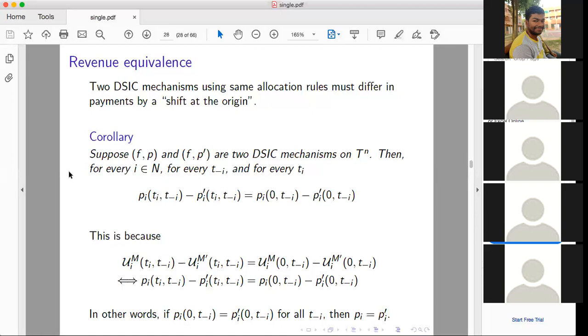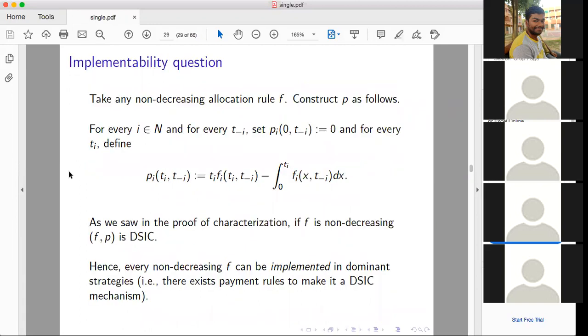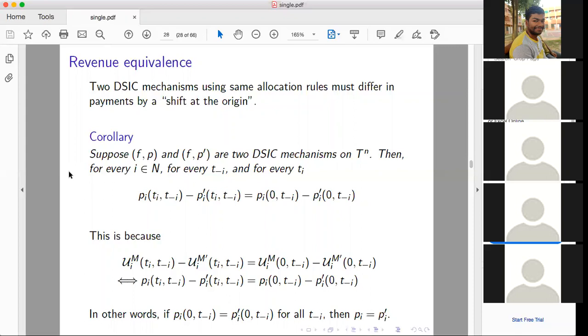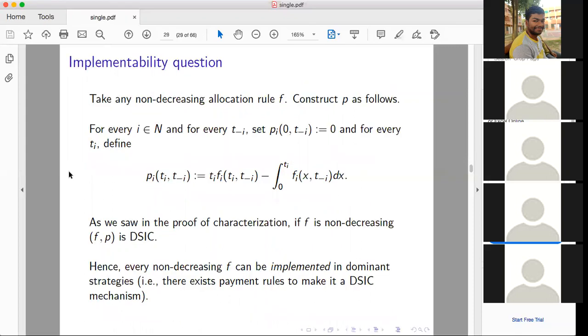So the difference at t_i is the same as the difference at the lowest type. This is what is called the revenue equivalence principle or formula: two mechanisms using the same allocation rule must differ in payments only due to the difference in payment at the lowest type. So in particular, if the payments at the lowest type are the same, then the two mechanisms must be the same too. Okay?